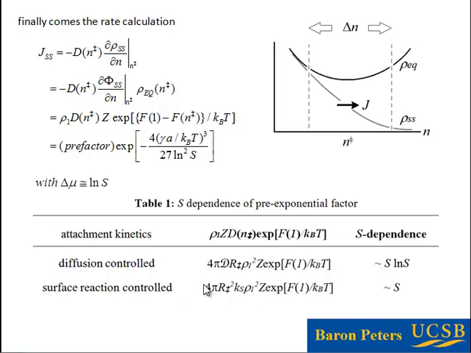That gives rise to a prefactor that can be written in this form, with a supersaturation dependence that's just S. So the regime you're in tells you how to scale J before taking the log of J and trying to extract these dimensionless parameters for understanding the barrier height and other things that are predicted in here.